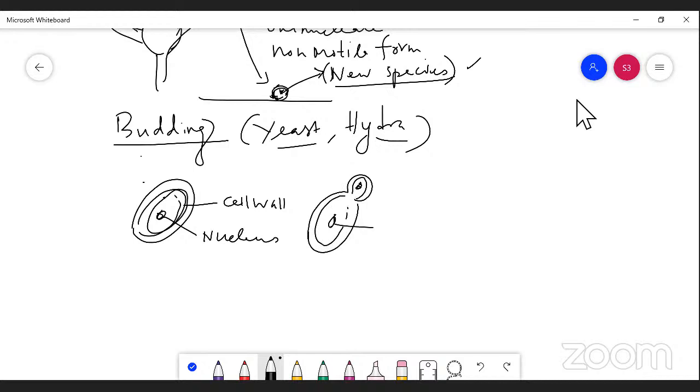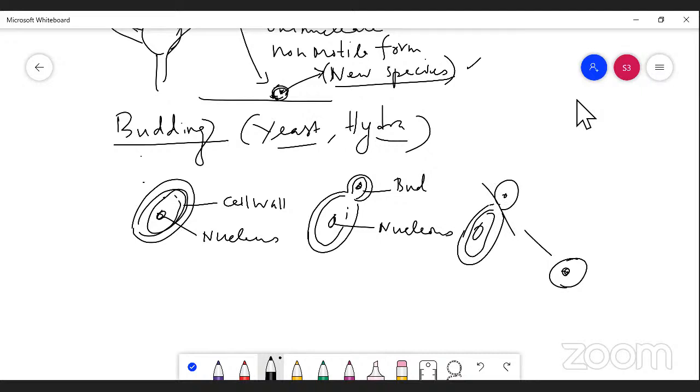The bud grows into a daughter bud, which detaches from the parent and forms young ones, new individuals, the daughter cells.